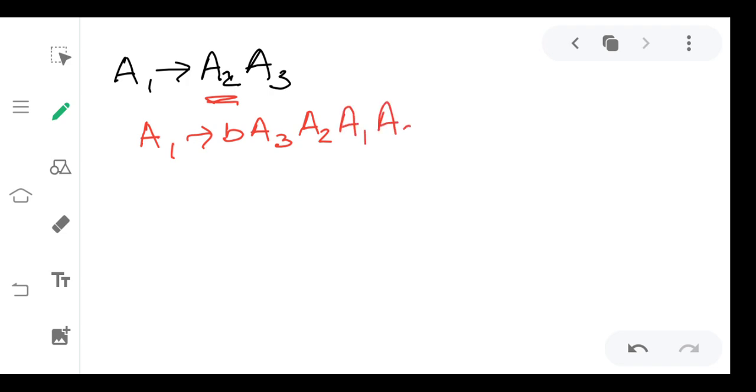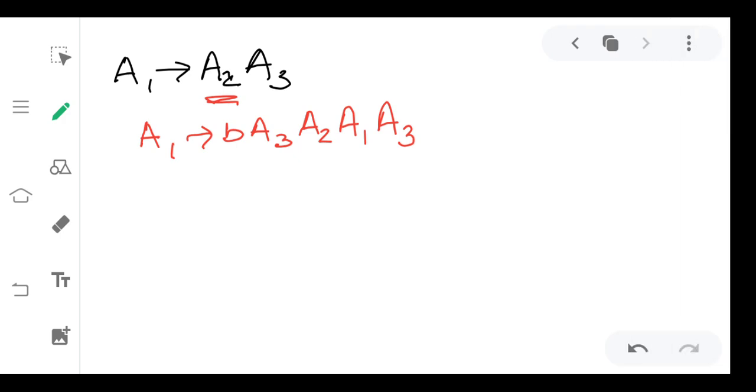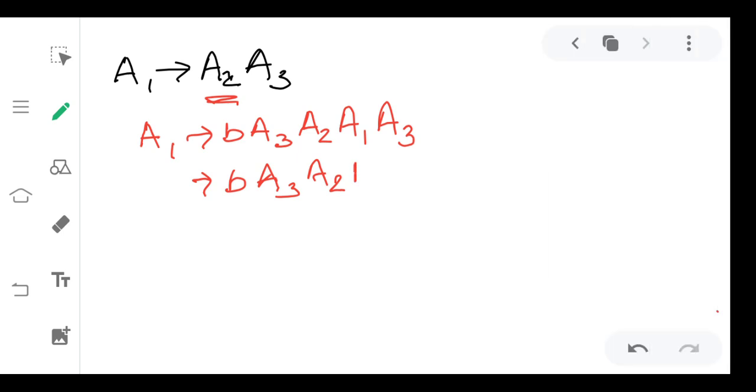A3, and second equation B, A3, A2, B3, A1, A3.